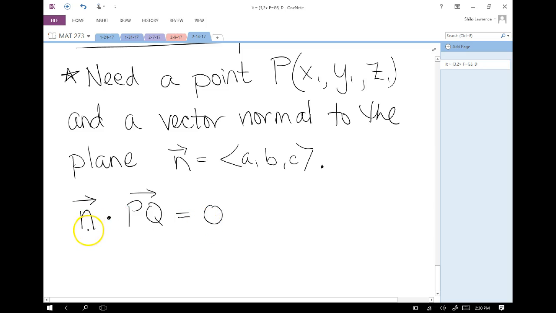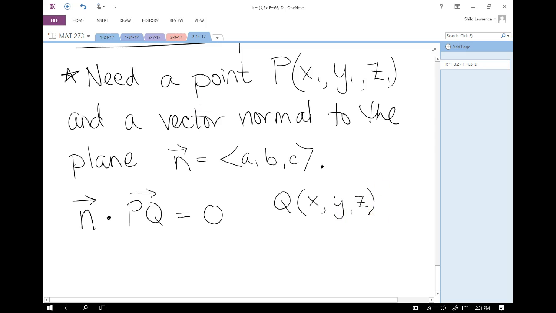So I know that my normal vector should always be normal to the plane, which means this PQ vector should always be in the plane if it's going to be normal. I know P is in the plane, which means this point Q should always be in the plane. And we're going to let Q be arbitrary.